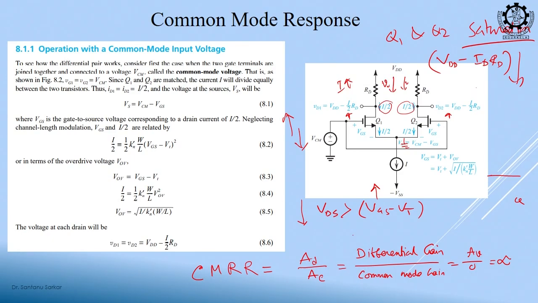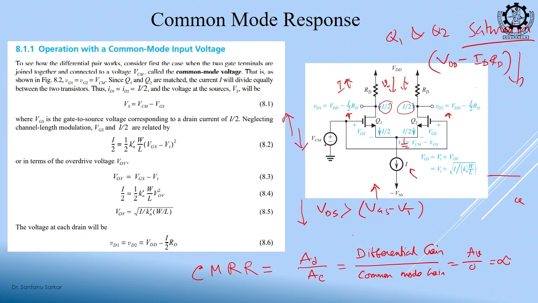This is known as the input common mode range. Although I said that even if common mode is fluctuating, output level cannot change, there is a limit. I have a range, beyond that if I go, then this Q1 and Q2 will be out of the saturation region, and it will no longer be a good differential amplifier.